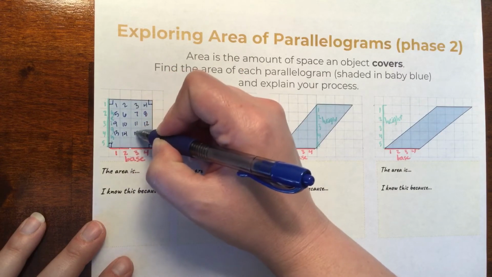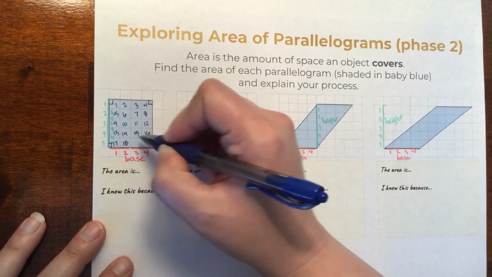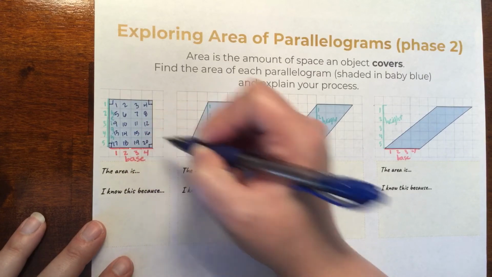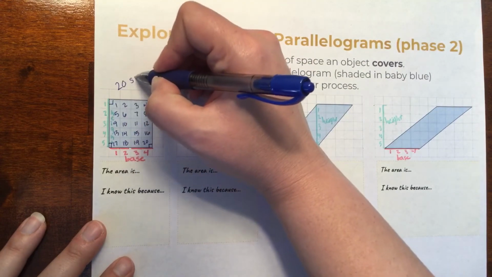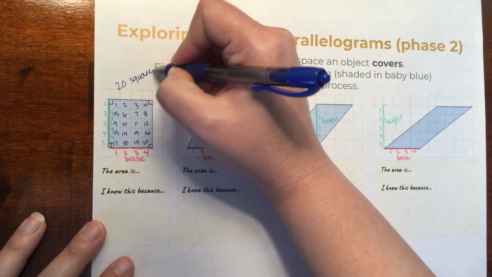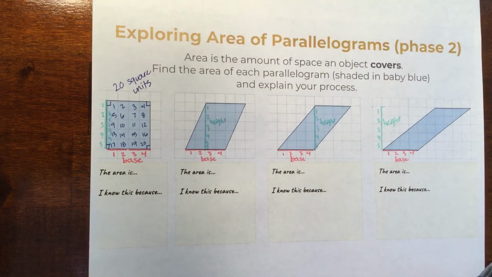And in this case, 20 square units would fill the rectangle. One way of writing my area is like that, 20 square units.